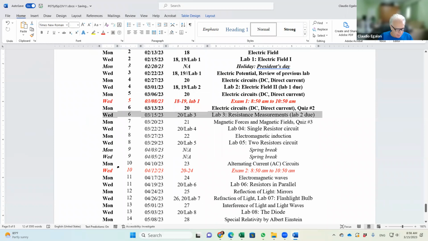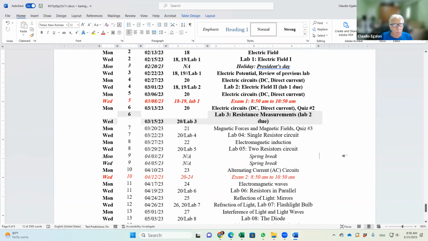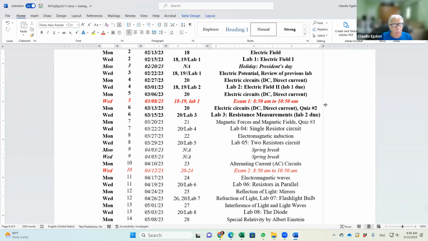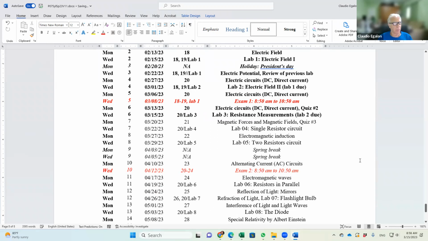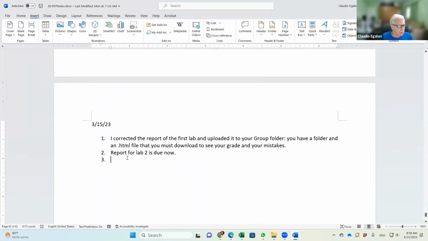Today is lab number 3, and that's going to be resistance measurements. Lab 3, resistance measurements.